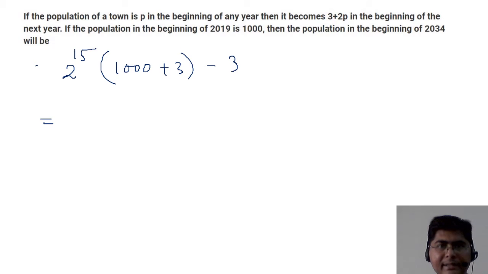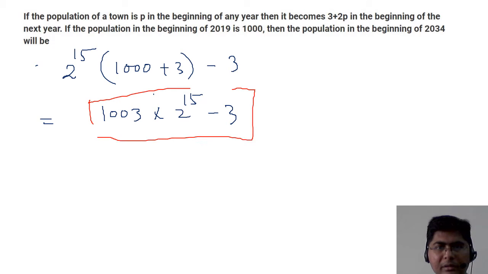So can I say 1003 multiplied by 2 to the power 15? So this is the answer. Hope this answered your questions. Thank you.